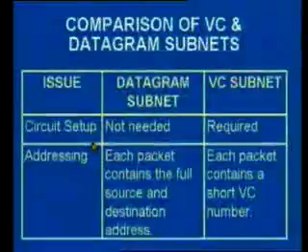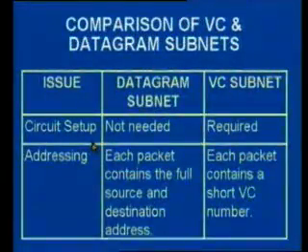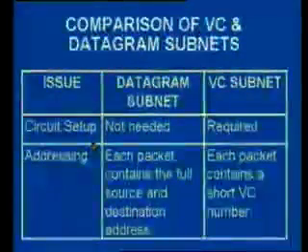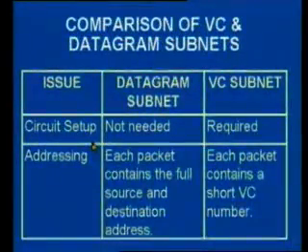Let's examine the second point, addressing. In a datagram subnet, each packet contains the full source and destination address. Just like when you send a letter, if I have to send 5 letters to my friends, each letter will contain the source and destination address. In the same way, if I am sending packets through a datagram subnet, each packet will contain source and destination addresses.